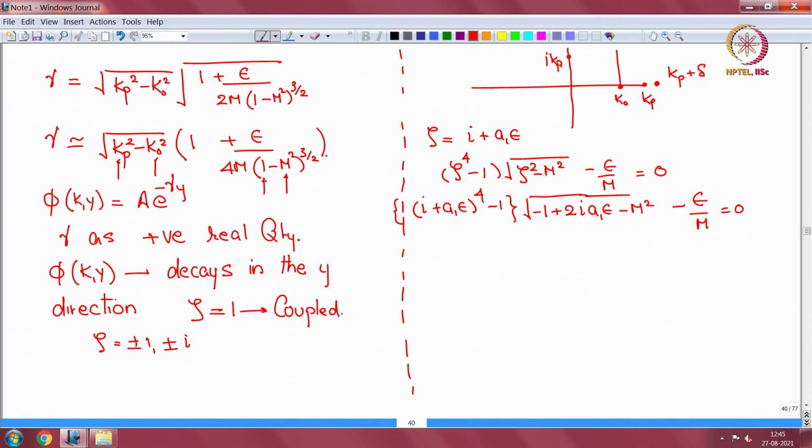We will correct only till order epsilon. So here again I get i to the fourth plus 4 i A1 epsilon, minus 1, into square root of this small order term, so I have minus 1 minus m square, minus epsilon over m.